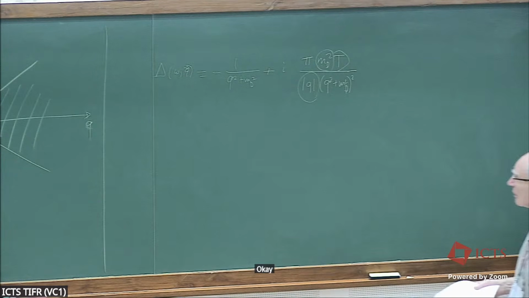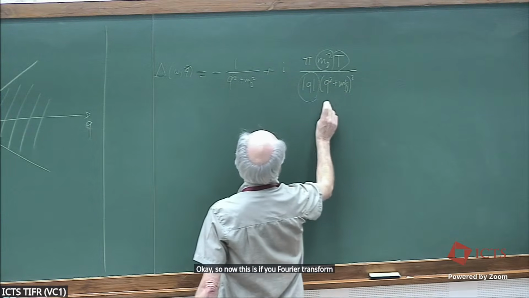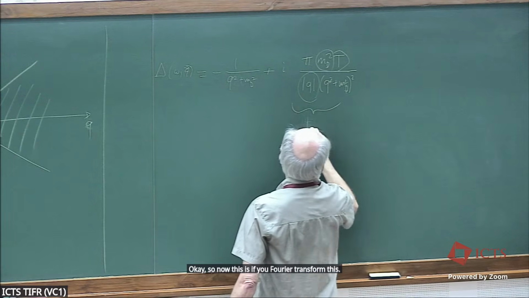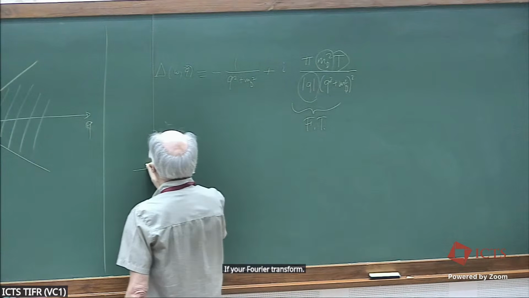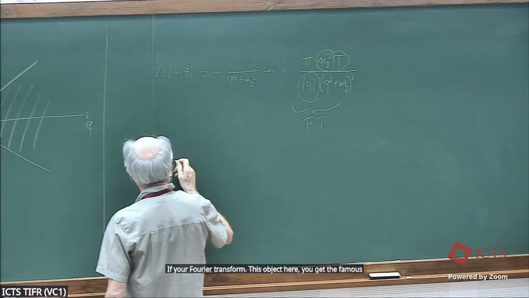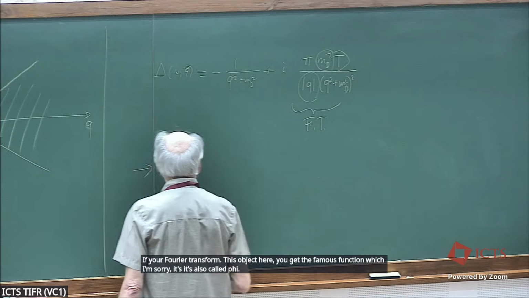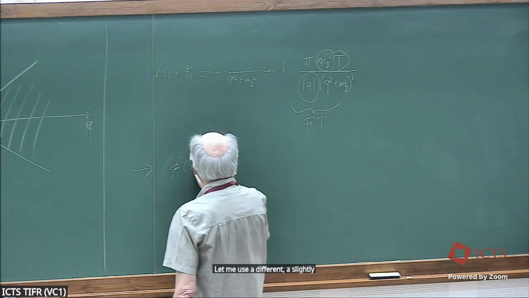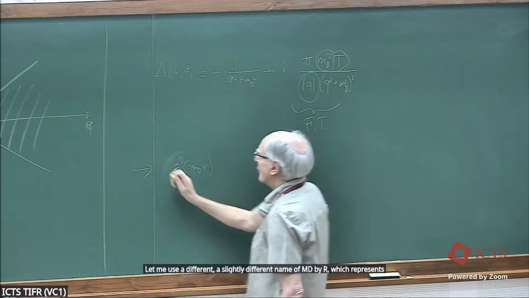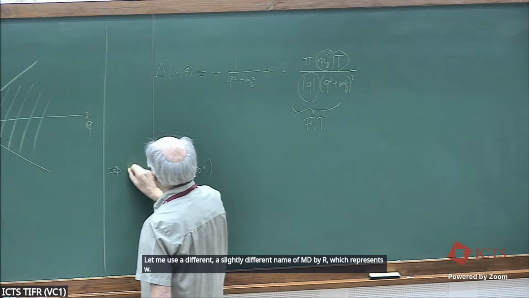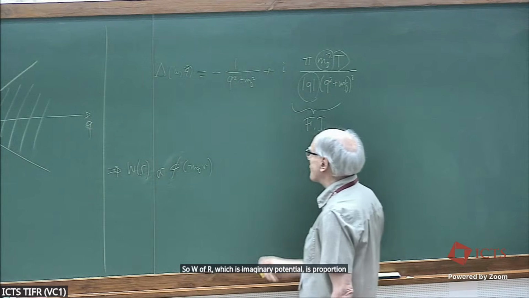Okay, so now if you Fourier transform this object here, you get the famous function, which, I'm sorry, is also called phi. Let me use a slightly different name, phi of m_D r, which represents W. So W of r, the imaginary potential, is proportional to this function phi.